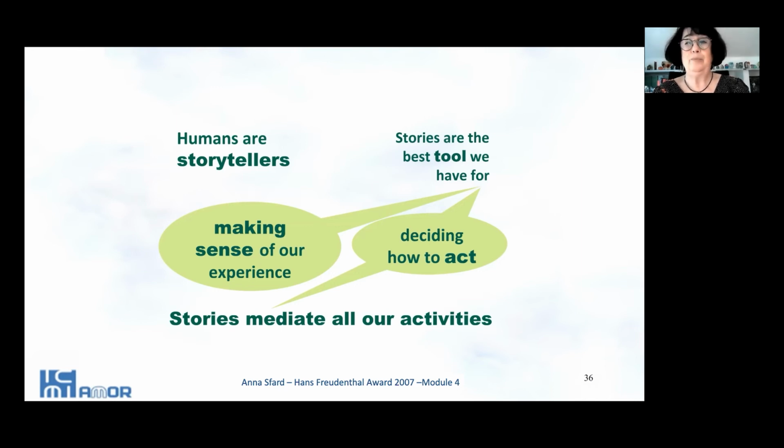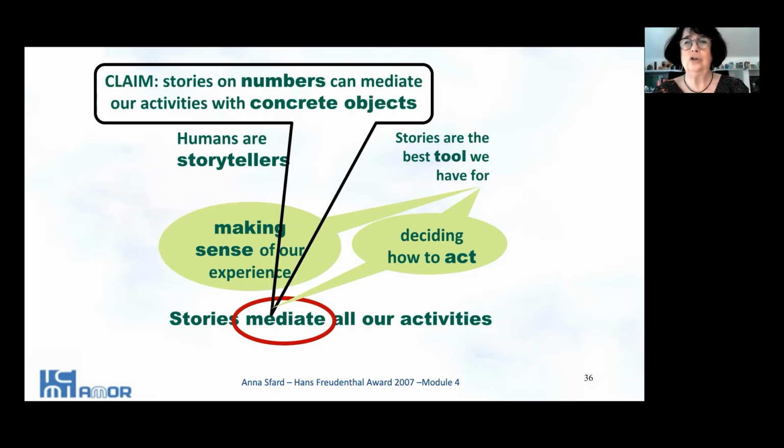More precisely, these stories mediate all our activities. I will now unpack this statement by showing how stories on numbers can mediate our activities with concrete objects. I will do this with the help of an example that can appear overly simple, but the simplicity is its strength as it shows the mechanism of mediation with particular clarity.